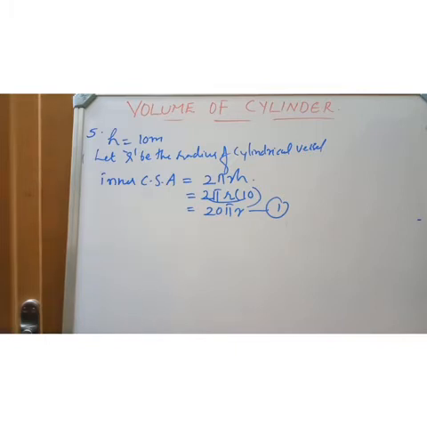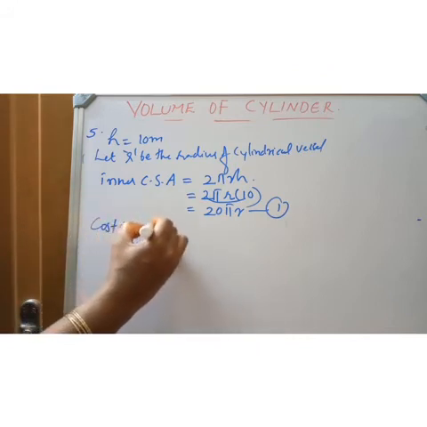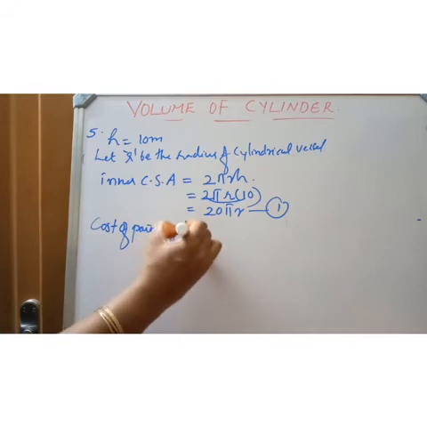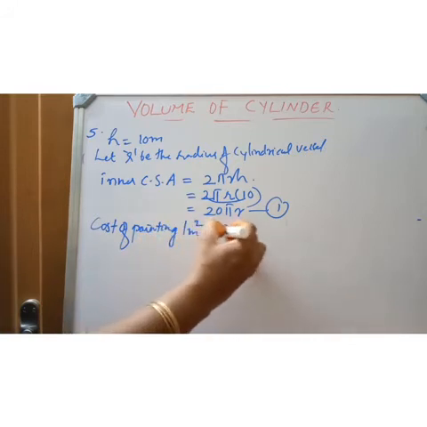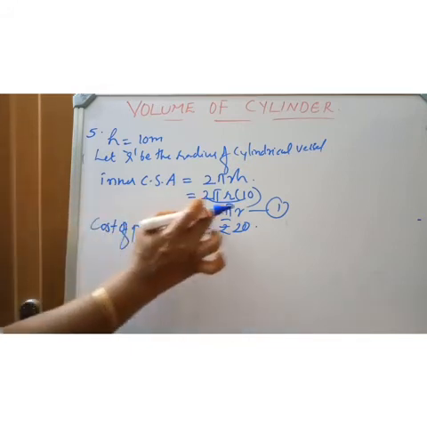For finding the r value, they have given that the cost of painting is at a rate of rupees 20 per meter square, and the cost is given as 2200. Okay, so write cost of painting 1 meter square equal to rupees 20. The curved surface area is 20 pi r.